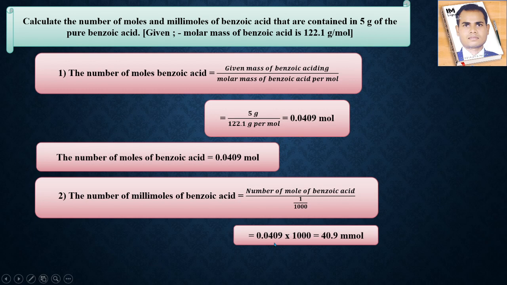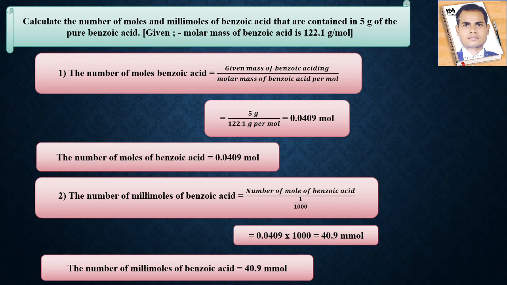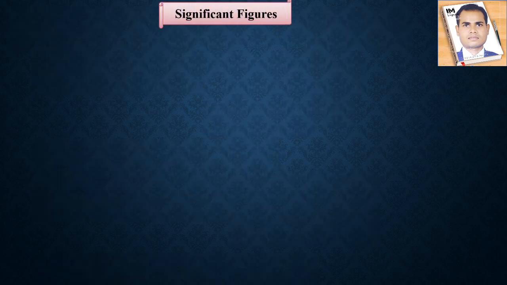After calculation you will get 40.9 millimoles. So that is the millimoles of the benzoic acid. Okay, 40.9 millimoles.